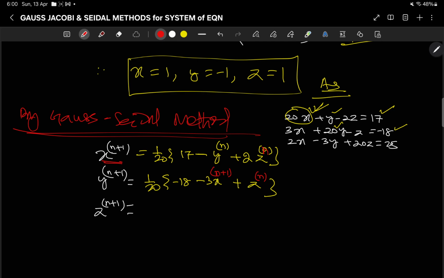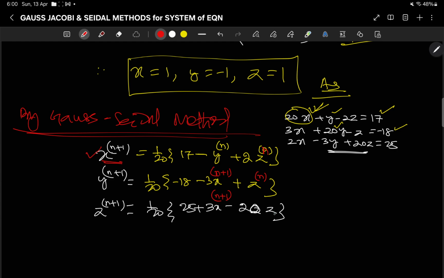Now while we find z, it is my 1 by 20, it is 25 plus 3x minus 20z. So you see here the x you have an improved value, so the improved value is substituted.